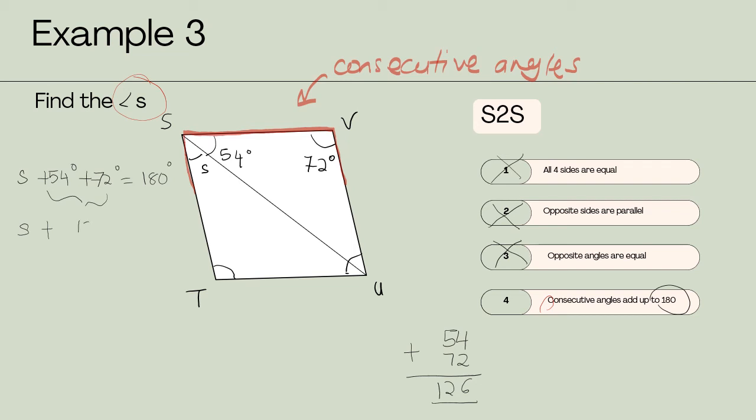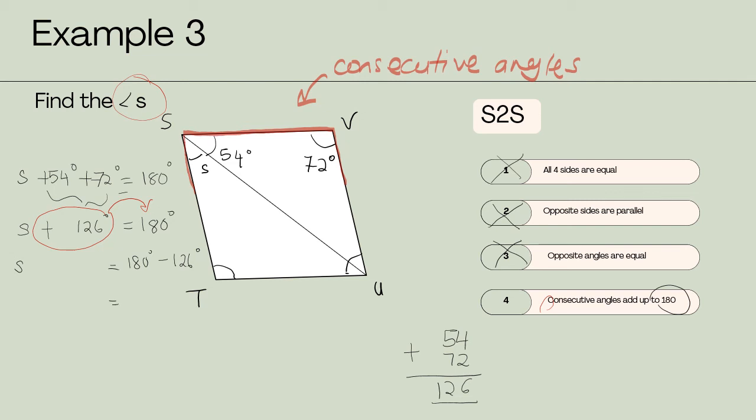So we have 126 degrees, which is equal to 180 degrees. Now, in order to find S, S must be alone. So you are bringing the plus 126 to the other side. When you bring plus to the other side, it becomes minus. So this becomes 180 degrees minus 126.